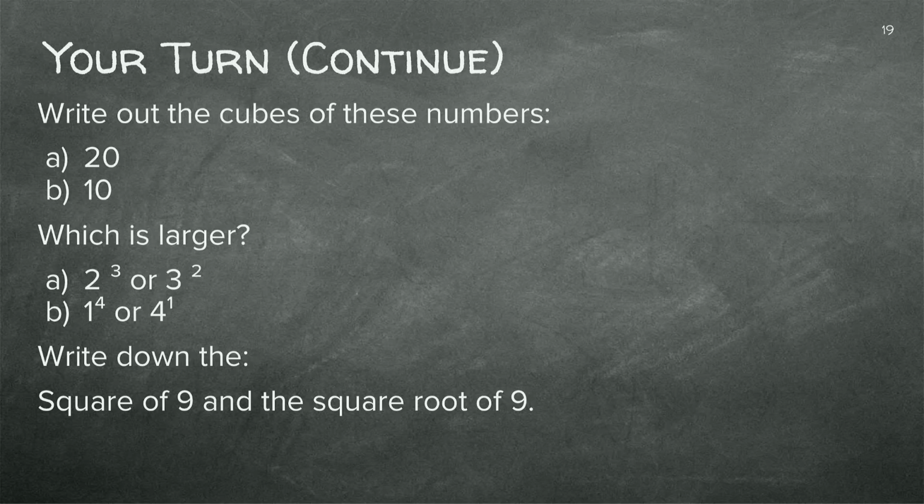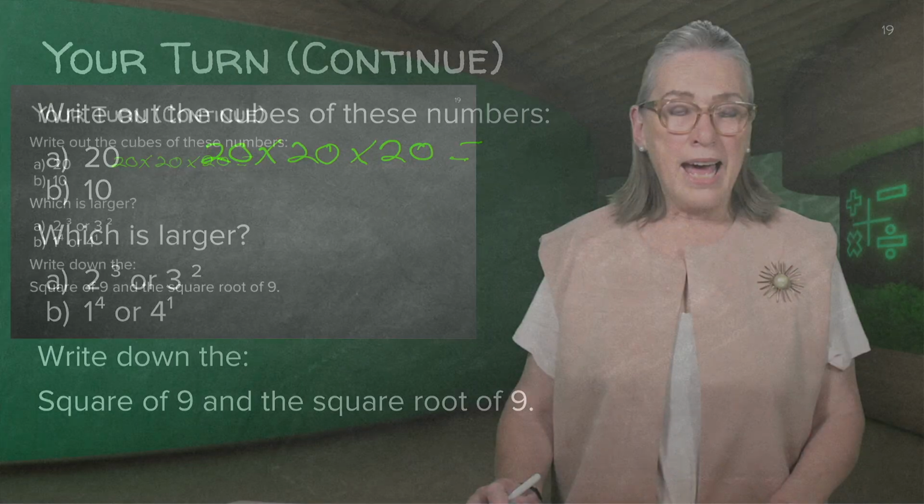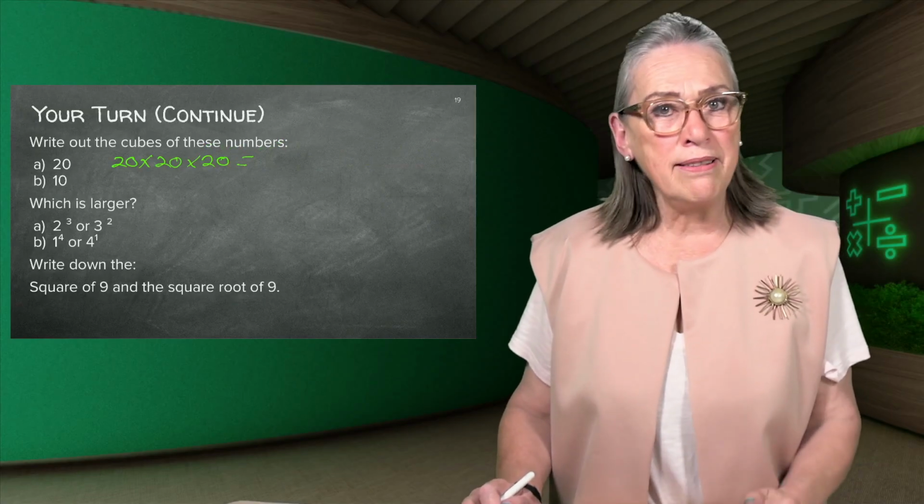Write out the cubes of these numbers, right? So what does that mean? So that means we have to multiply 20 times 20 times 20. So who got the answer on this one? And who used the easy method?